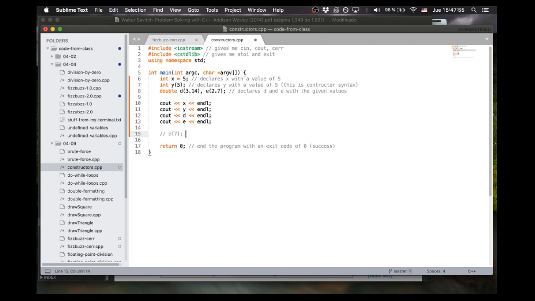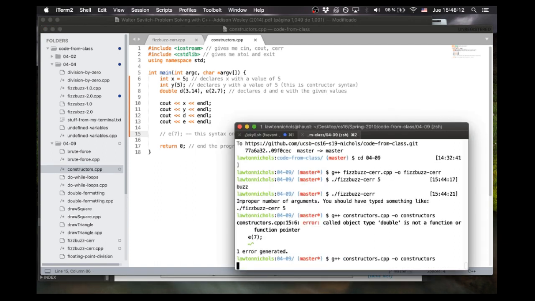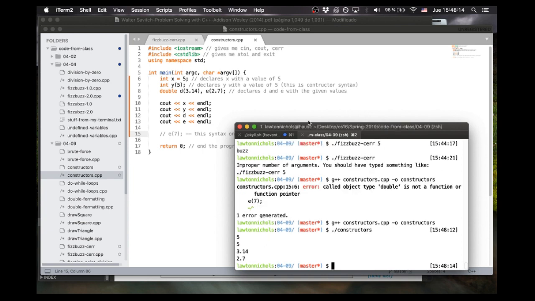This syntax only works when declaring the variable for the first time. You'll have to use the equal sign, the assignment syntax, after that. Constructors, and it gives back everything we would expect.